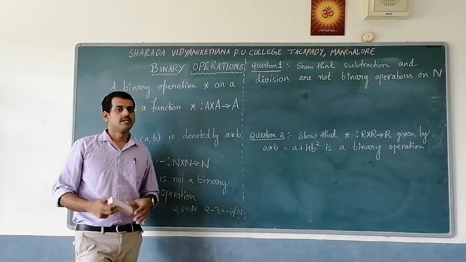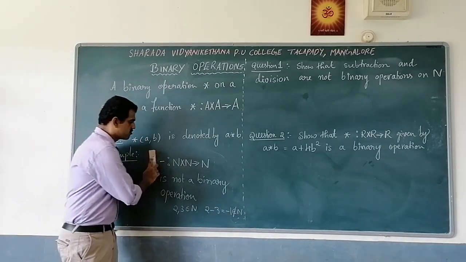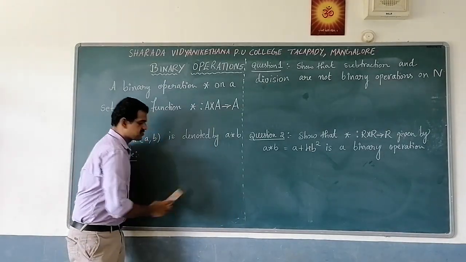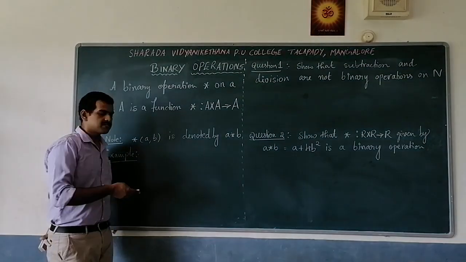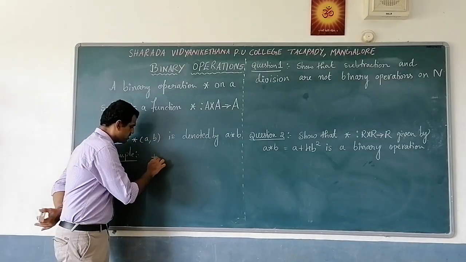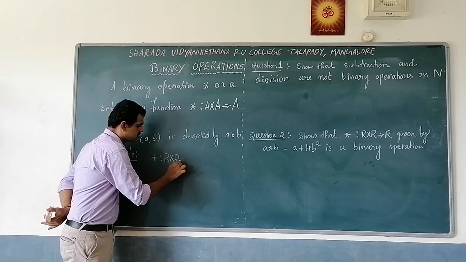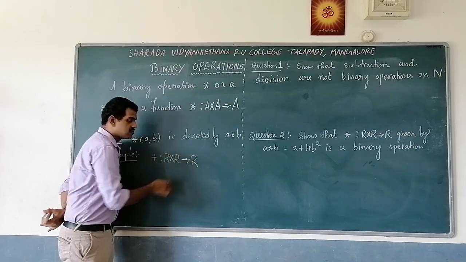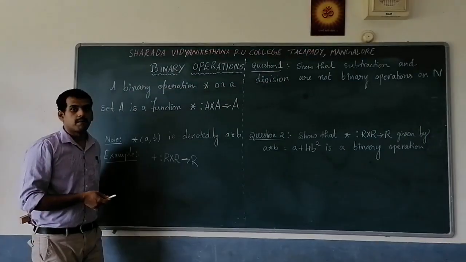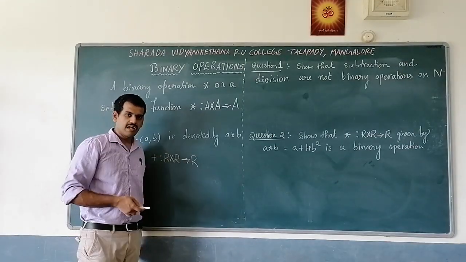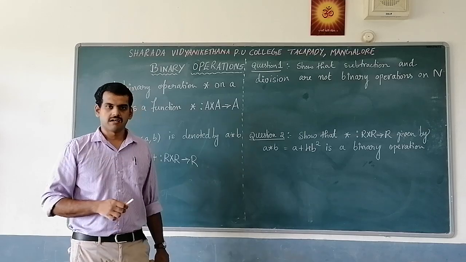Now coming to the real number system. What about the real number system? In real numbers, if I take addition from R cross R to R, this is definitely a binary operation, because the sum of two real numbers is always a real number.